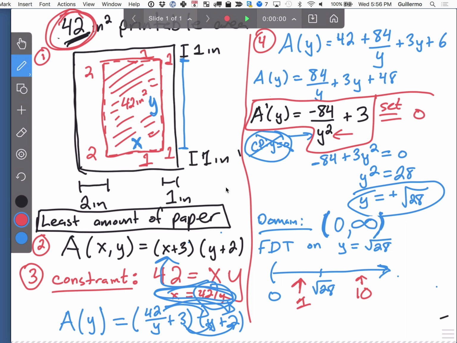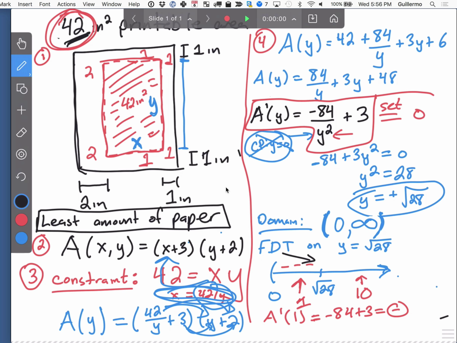Again, these are all just personal preference choices. It doesn't really matter. But okay, what happens when I plug in 1? I get minus 84 plus 3, which is a negative number, right? So what does that tell me? That means that it's decreasing, which is exactly what I expected, right?